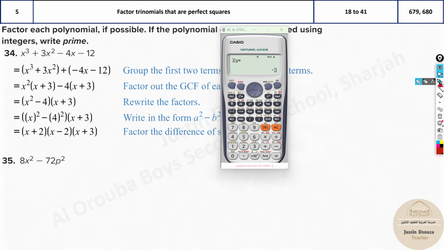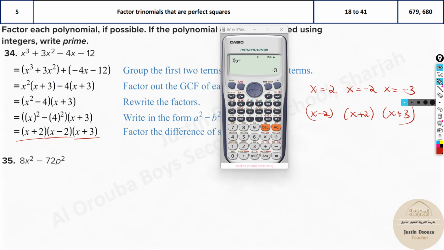So let me just write x equals 2, x equals minus 2, and x equals minus 3. So take them inside. x minus 2 is one factor, x plus 2 is one more factor, and x plus 3 is one more factor. Let's compare. Yes, I've just written in a different order, but the answers are the same. So that's how we can do it. Mode 5 4 for this.